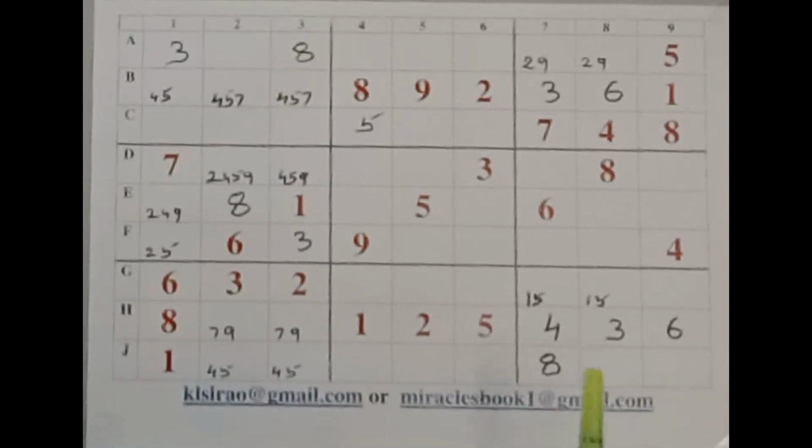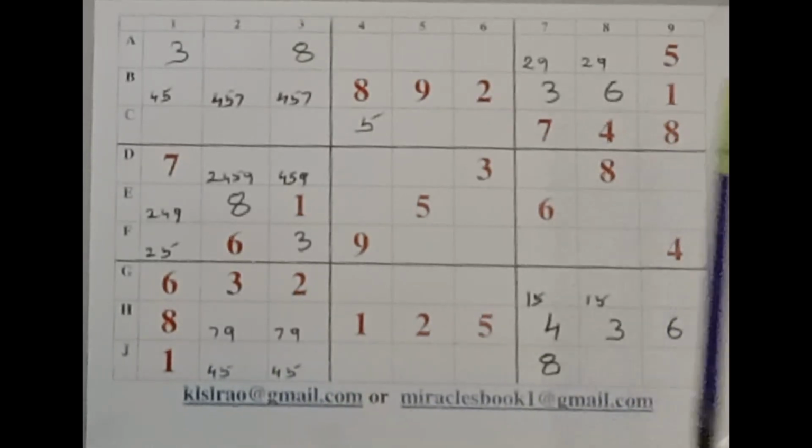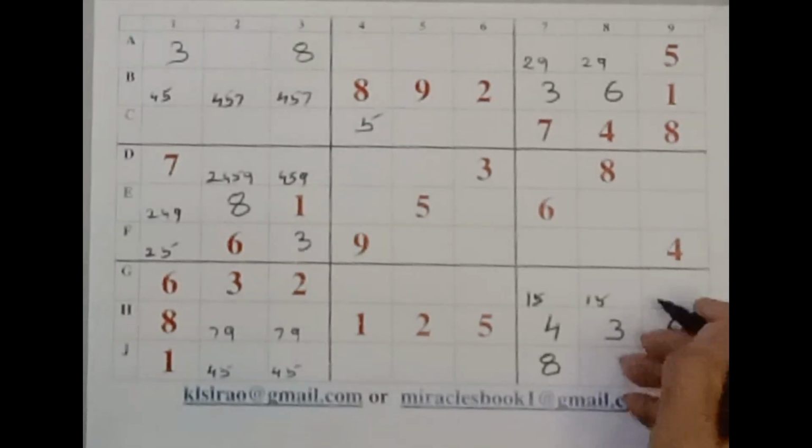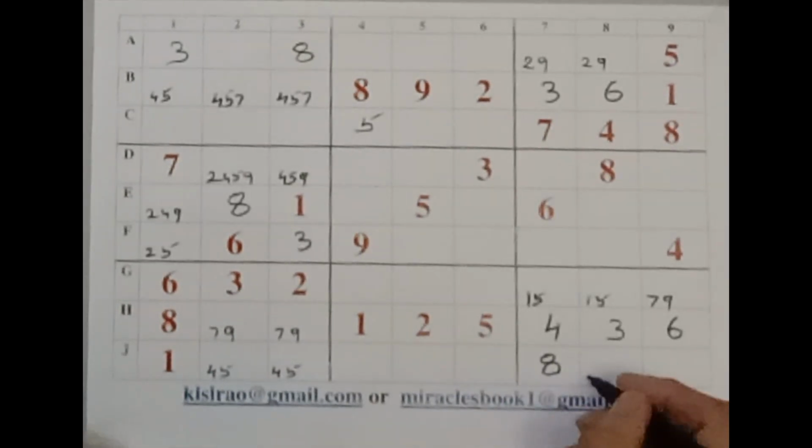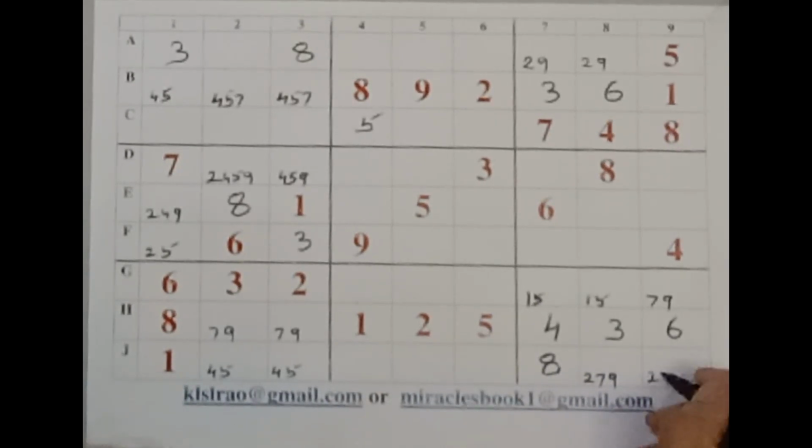We need 2, 7 and 9 for these 3 cells. Let us fill them up now. We have a 2 here. So 7 and 9 here. All 3 numbers here in these places. 2, 7 and 9. Okay.